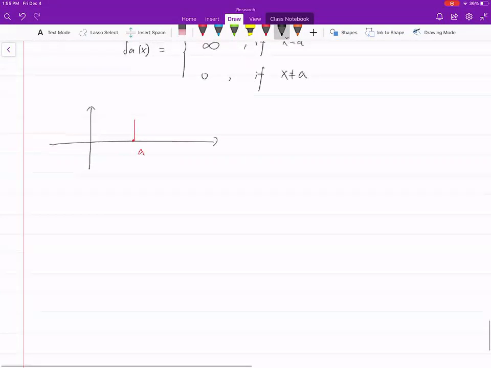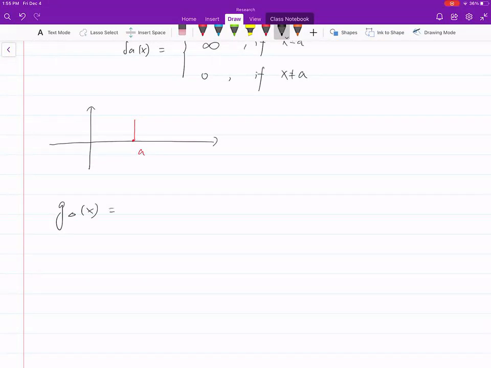Number one, we define something called G delta T of X, at A. We define this one to be 1 over 2 delta T for X between A minus delta T and A plus delta T, and 0 elsewhere.